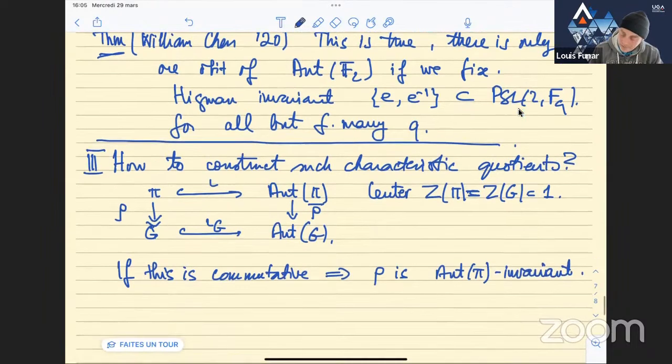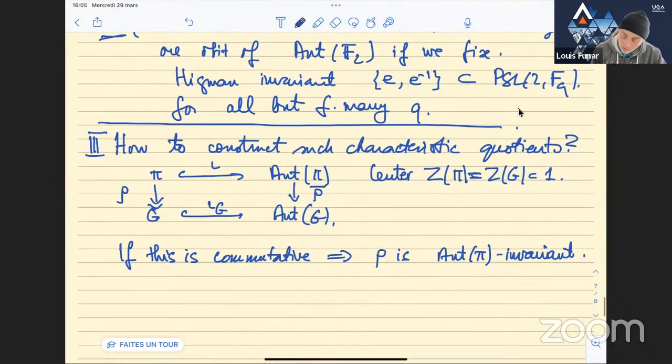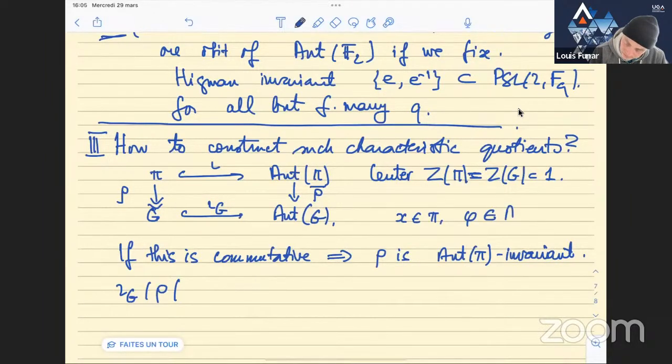This is a simple computation because I'm taking I_G, I'm taking rho, and I'm acting with, let's say, x in pi, and phi, an element of the automorphism group of pi. Then I'm acting by phi of x.